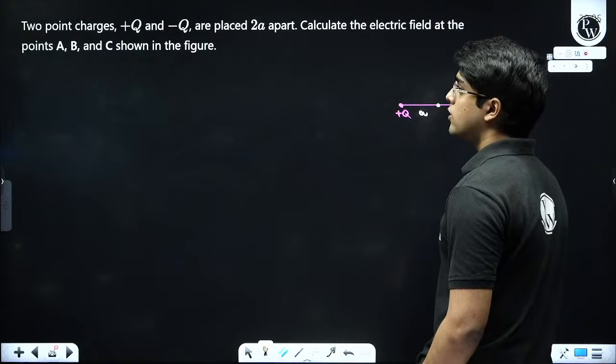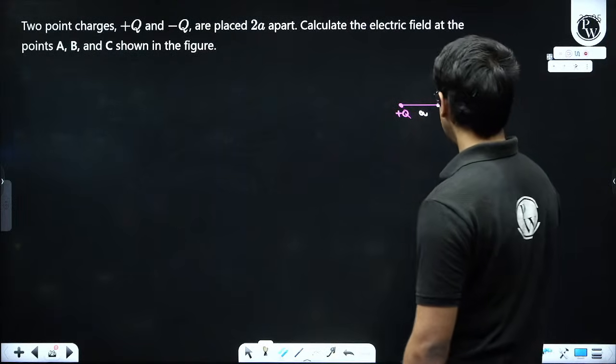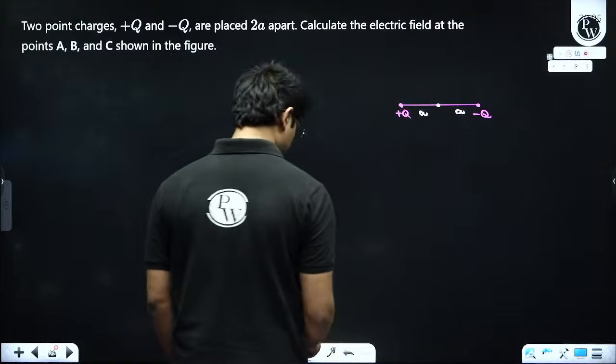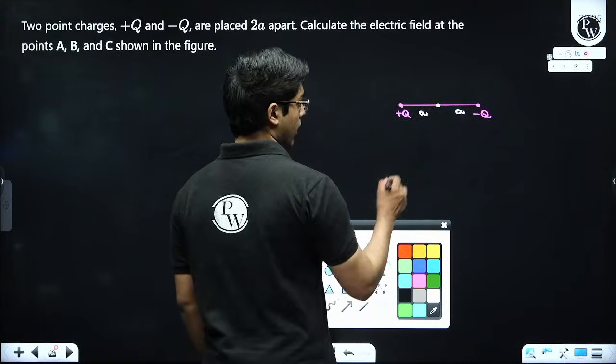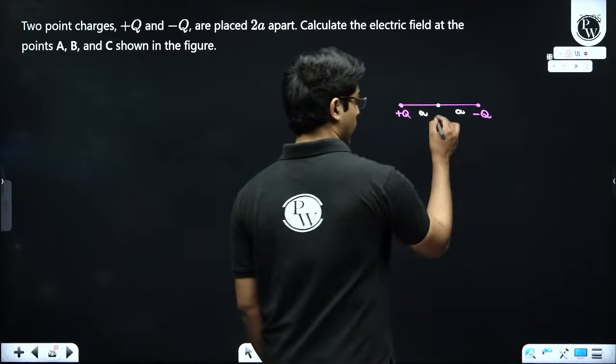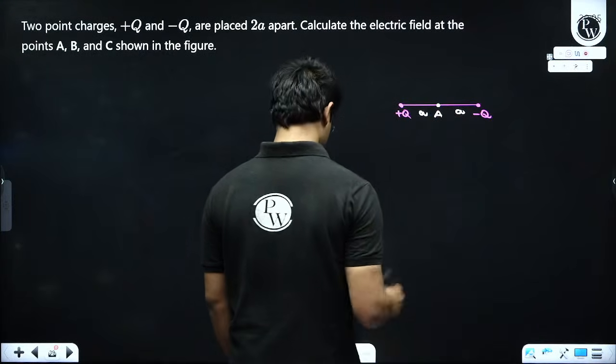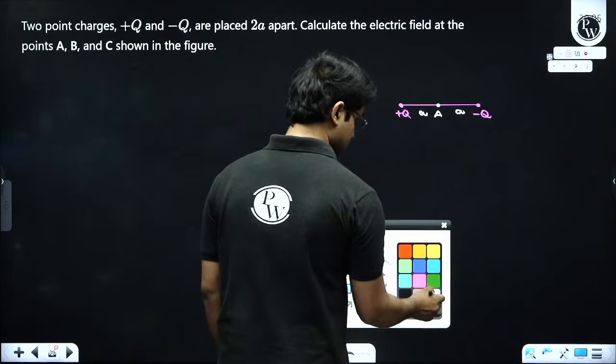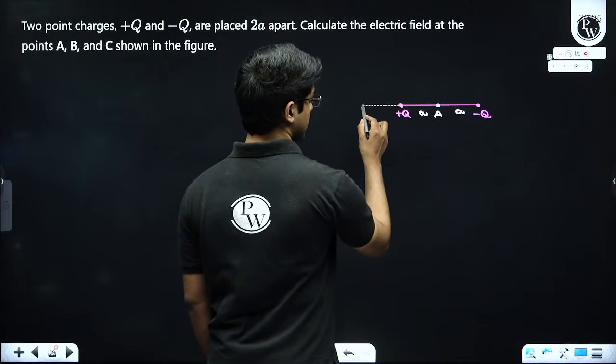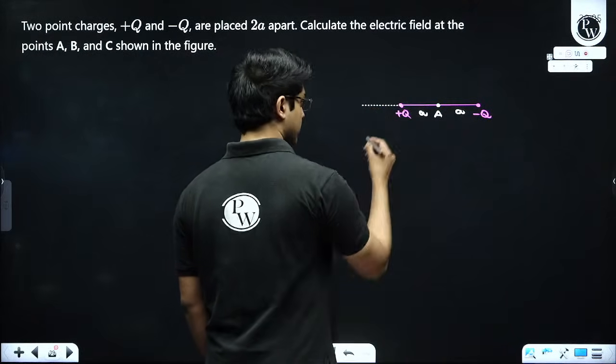We have to calculate the field at A, B and C. The points A, B and C are, one point was the middle point. Let's call this A. The other point was a distance to the left.